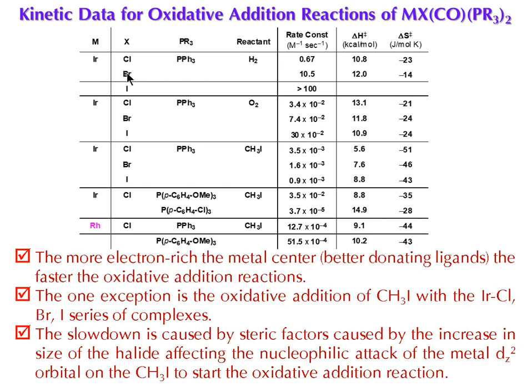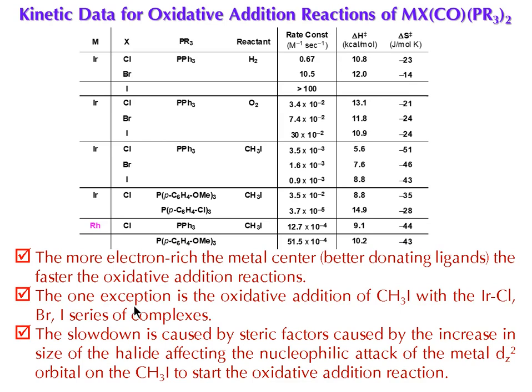We know that Br is a better donor than Cl since Br is less electronegative. So the iridium center in the case of the iridium Br complex is more rich in electrons, so the oxidative addition will be favored, and we observed that the rate constant shows the reaction is faster.